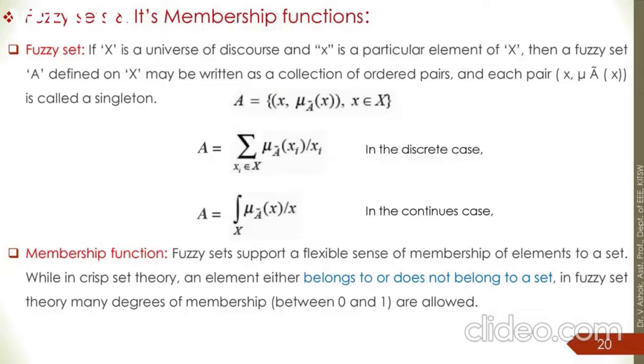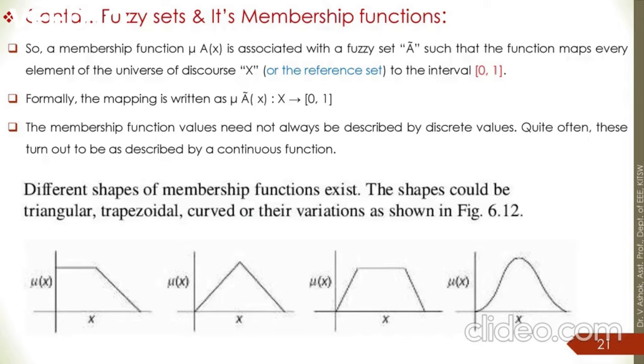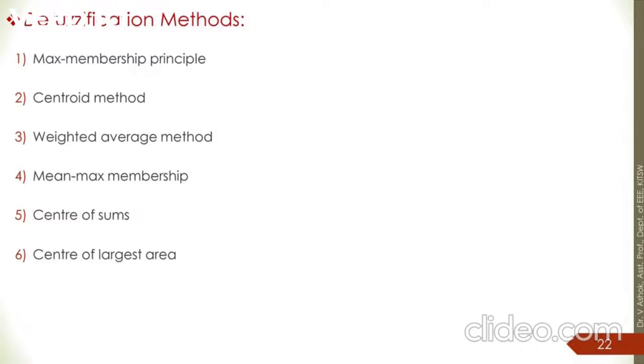A fuzzy set includes X as the universe of discourse, and each element belongs to some function. In this, a membership function mu A of x is associated with the fuzzy set, and formally the mapping is written as mu A.